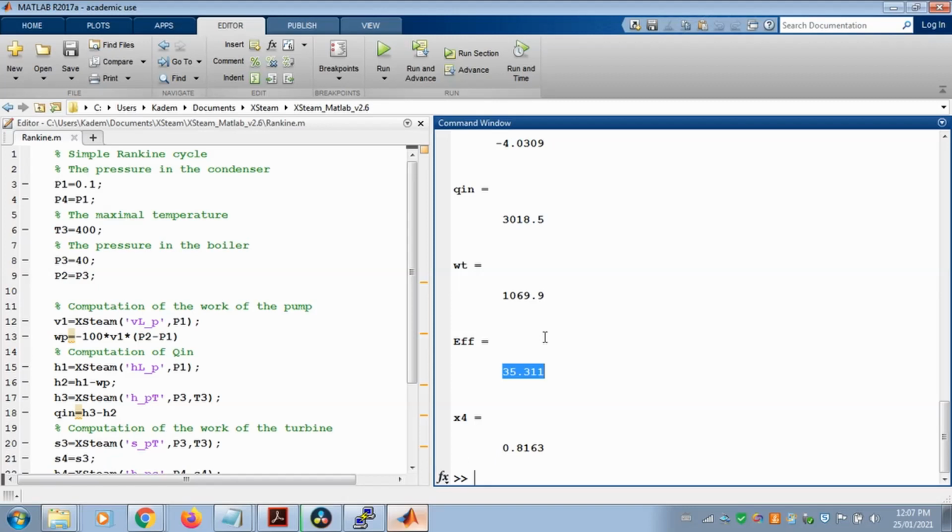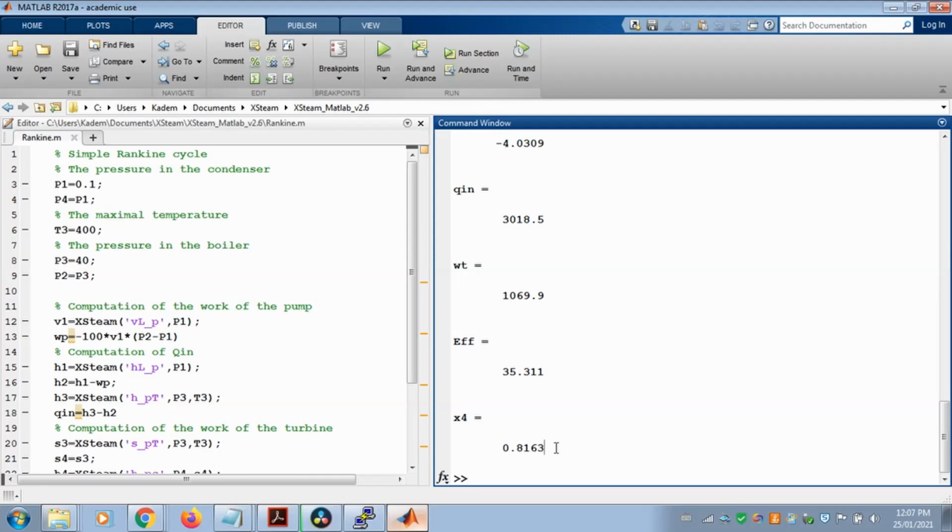This represents also around a 9 to 10% increase in thermal efficiency. However, here a red flag: our quality is going down. So from 0.86 under the previous normal conditions down to 0.81 or 0.82, okay? So this is something that we really don't want.